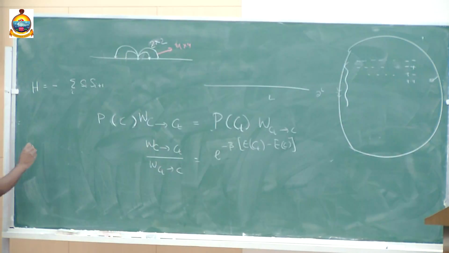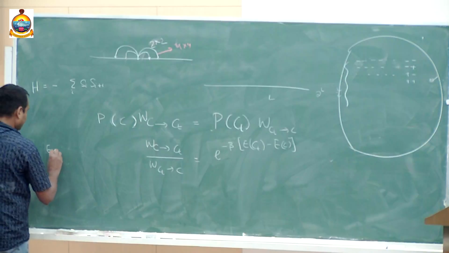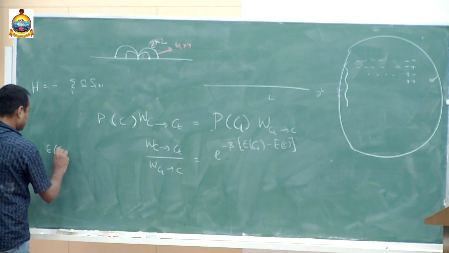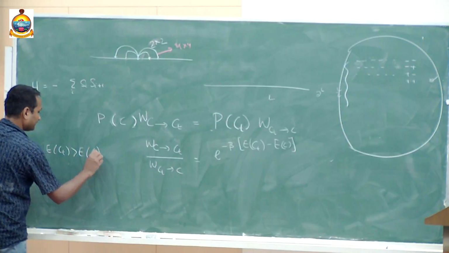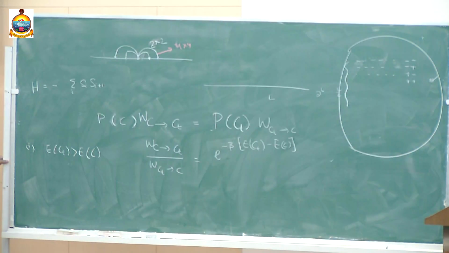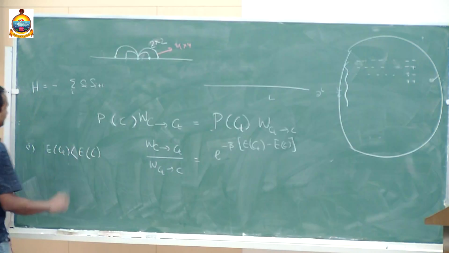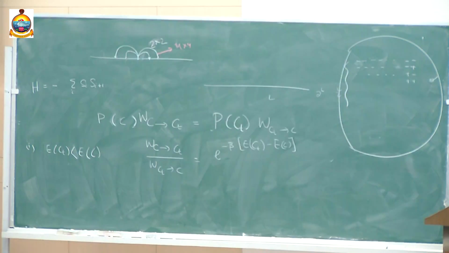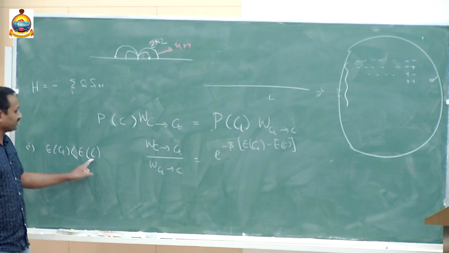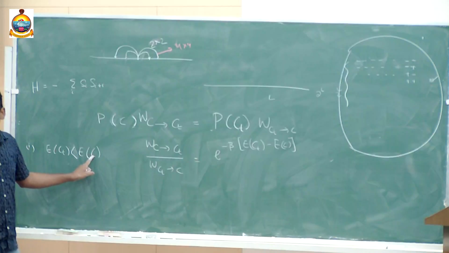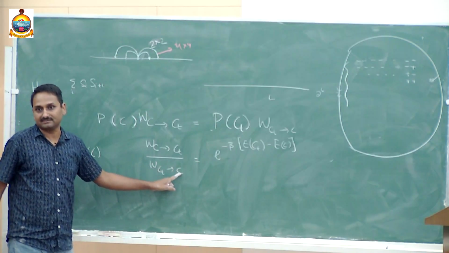Let us say E of CT is larger than E of C. First, let us call smaller: the trial configuration that you are going to has smaller energy than where you are. In that case, for CT to C, I just make a convention. If the trial configuration is lower energy, then I put this one as 1.